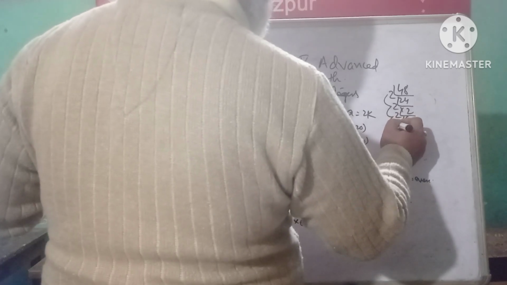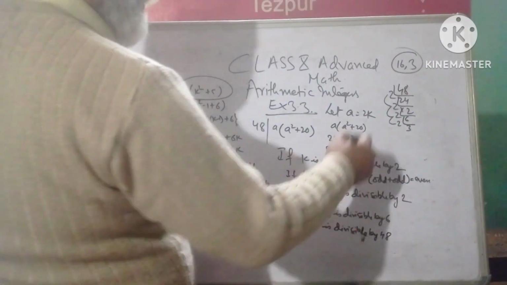So 2 to the 4, that is 16, and 3. And their GCD is 1.